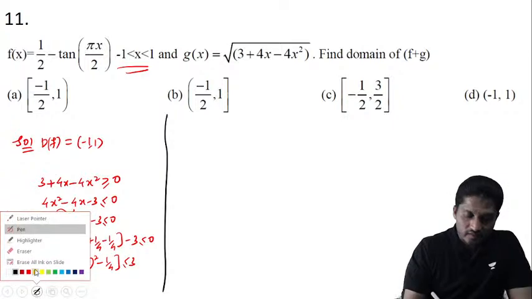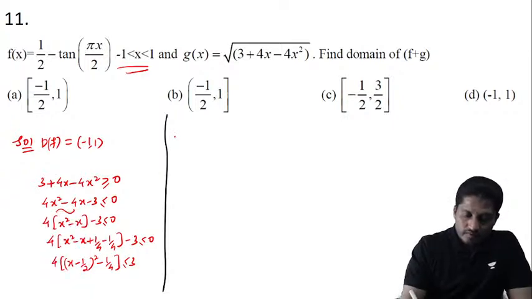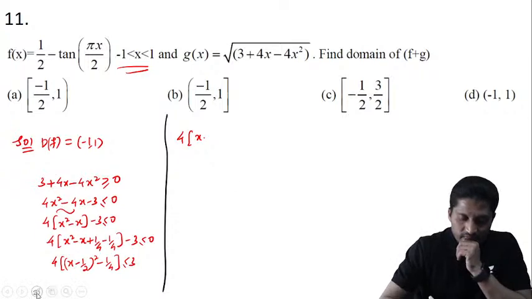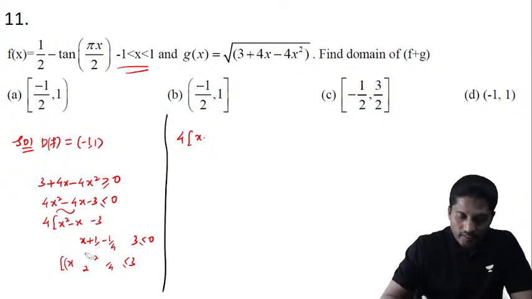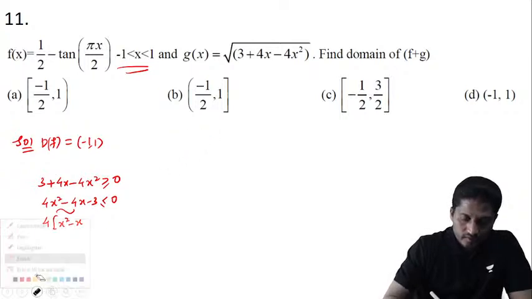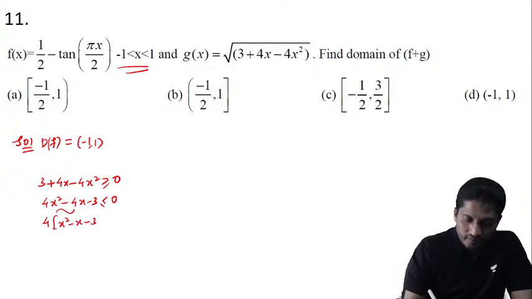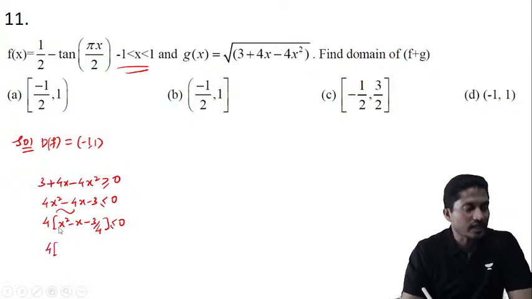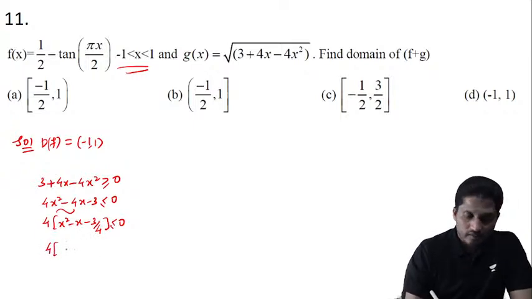Okay, this can be written as 4 into x minus, I can take this as well, right? If you take 4 out, it will be x square minus x minus 3 by 4, right? Now if I add and subtract, completing the squares, add and subtract half of coefficient of x the whole square. This is x square minus x plus 1 by 4, right?